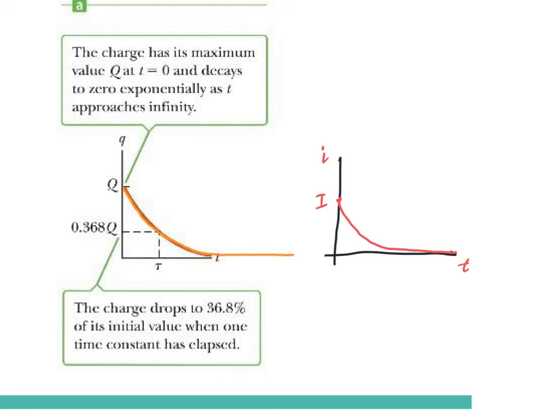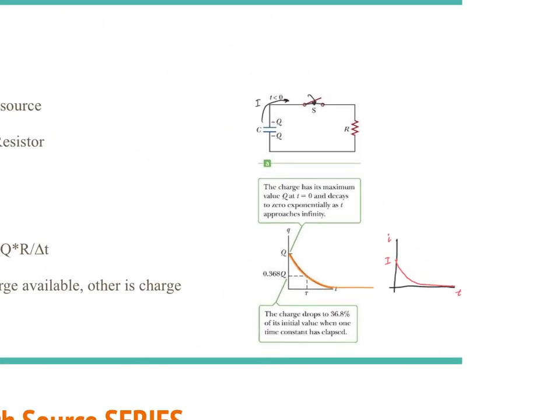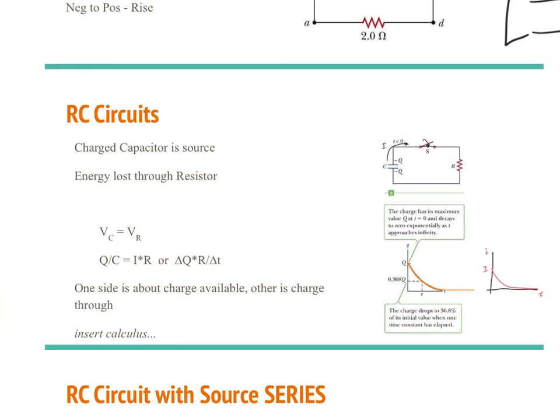I'm expecting the same shape for both of these graphs. I'm expecting the same shape because of Ohm's law and because of the voltage for the capacitor equation, but most importantly, due to Kirchhoff's loop law. That says the voltage across the capacitor and the resistor must be the same when they're the only two elements in our loop.